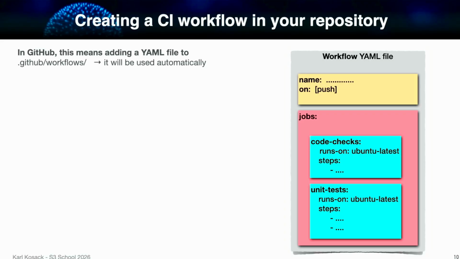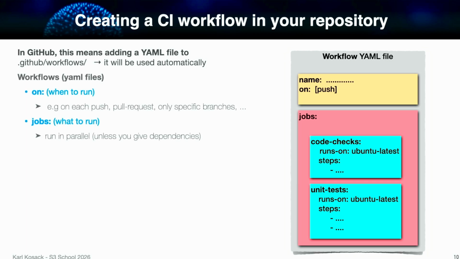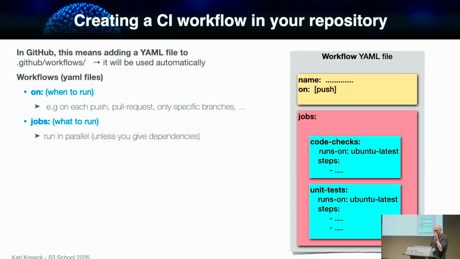And all you have to do basically to create a CI workflow is to add a YAML file in a particular format to your repository in .github/workflows/something.yaml. There's a bunch of configuration options inside them, but you almost have to do nothing other than these two. You say on, which is when to run this workflow.